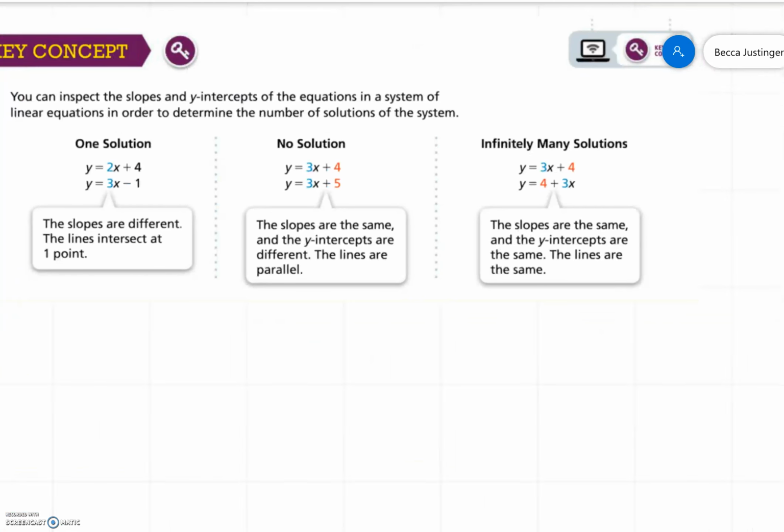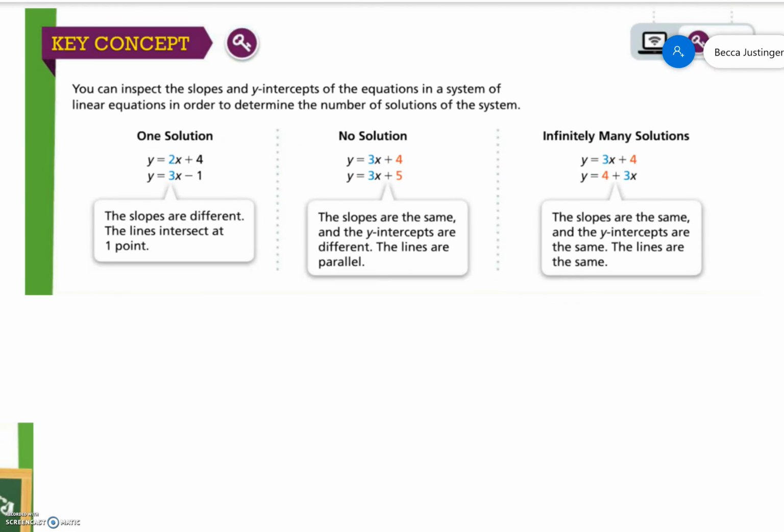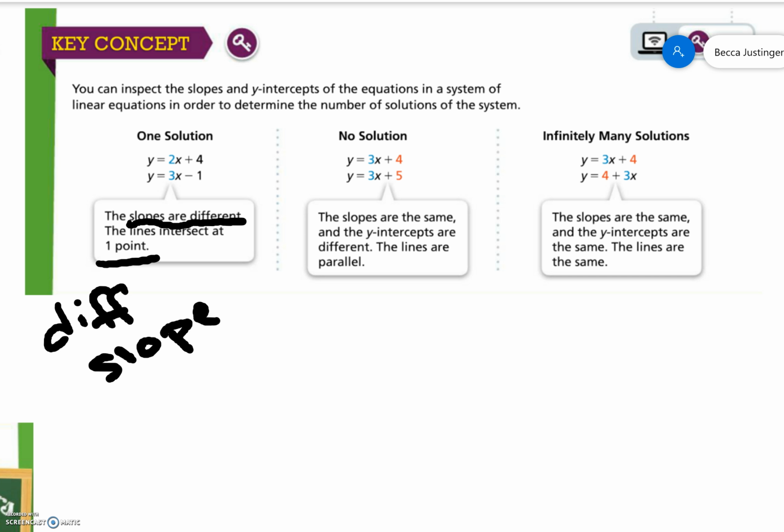Key concept on the next page. You can inspect the slopes and y-intercepts of the equations in a system of linear equations in order to determine the number of solutions of the system. So the first thing you want to look at is slope. If they have different slopes, it's 1 solution.